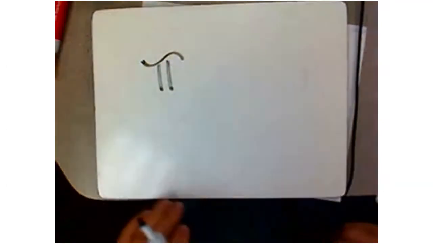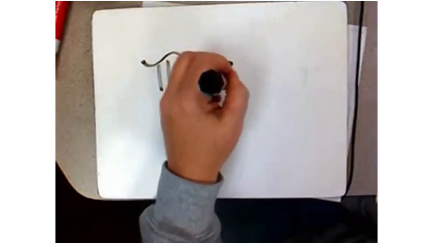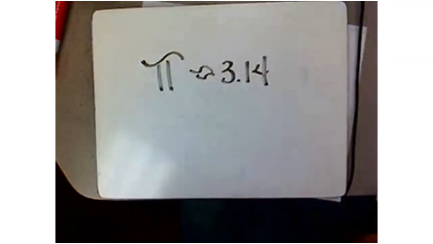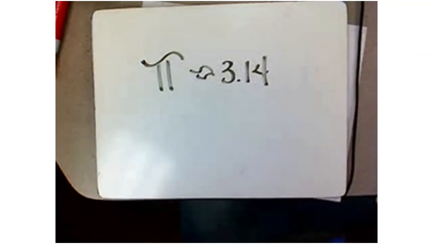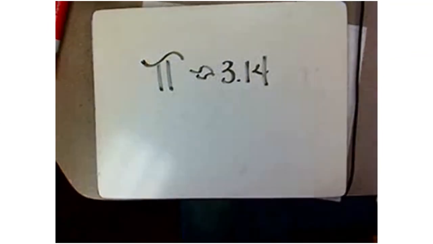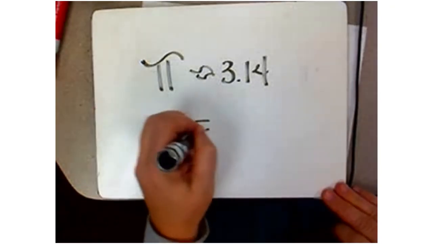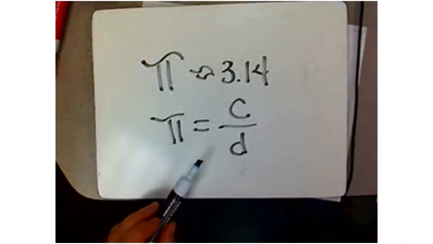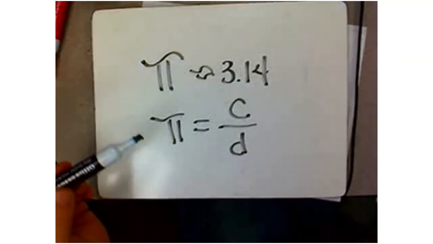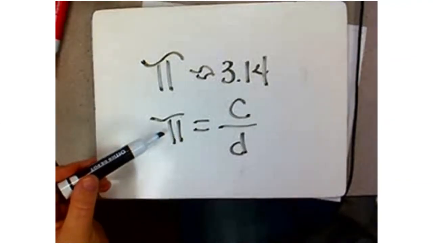It's like two lines with a little tilde on top, and it's approximately equal to 3.14 as a decimal equivalent. It goes on forever into infinity and never repeats. It's an irrational number. But the relationship is that pi equals the circumference divided by the diameter. In every circle, no matter how big or small the circle is, circumference divided by diameter will always yield this number pi.